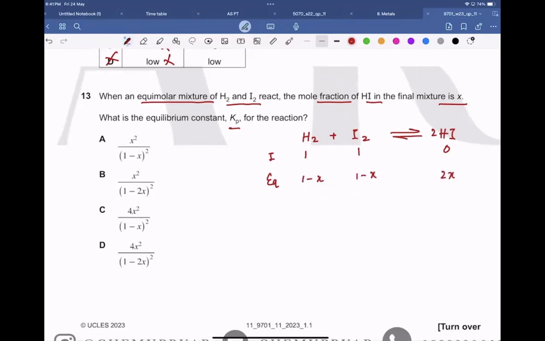Because initially we assumed the moles are 1 and 1. So at equilibrium, x moles are decreased and 2x moles are formed. Now the total moles equal 2x plus 1 minus x plus 1 minus x.